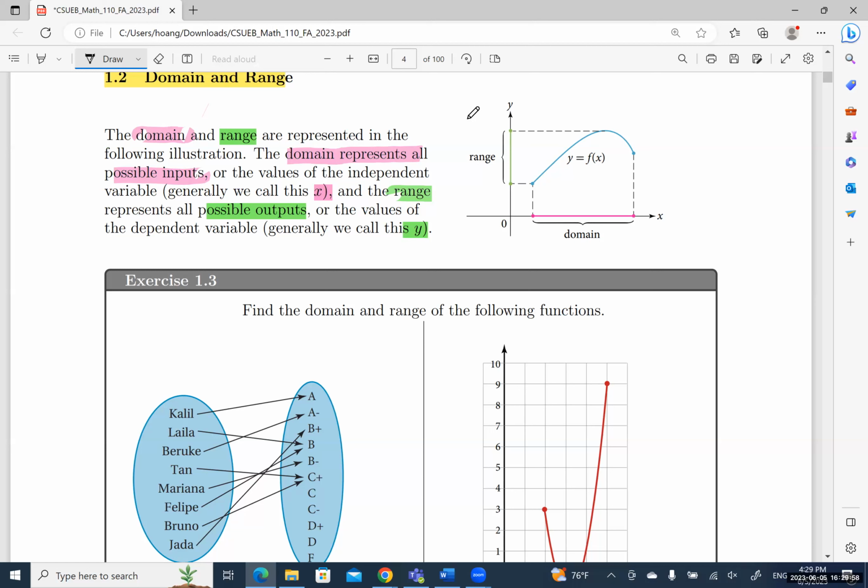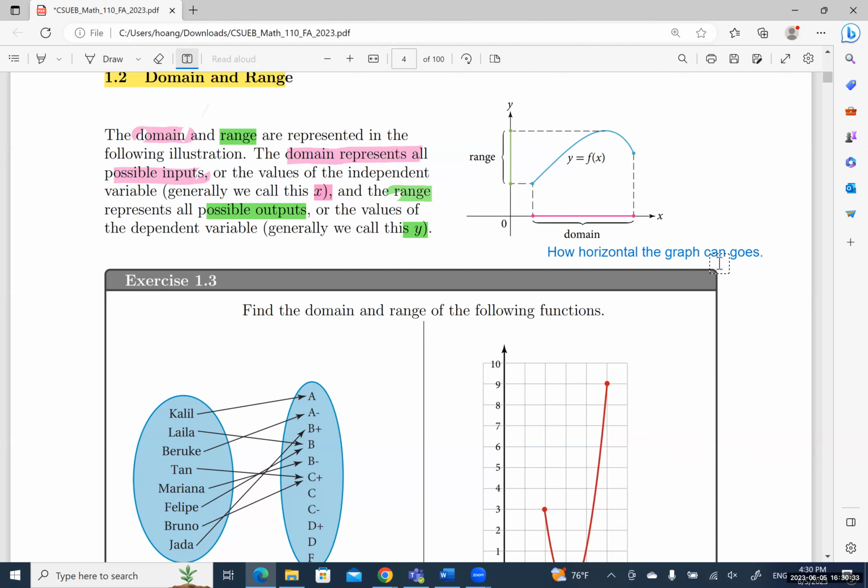Okay, so if you look at it graphically, how can you know what is the domain and what's the range? You see, using the pink one is the domain over here. The domain is how horizontal the graph can go.